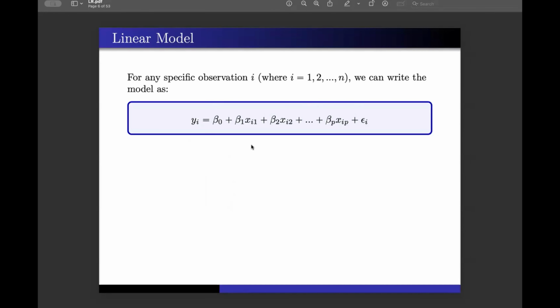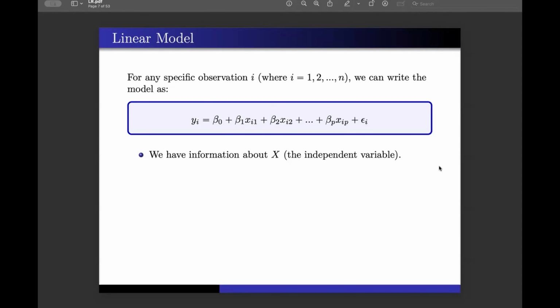We have already talked about this equation in the last video, where yi represents the value of the dependent variable for the ith observation, xi1 represents the value of the first independent variable for the ith observation, xi2 represents the value of the second independent variable for the ith observation, and xip represents the value of the pth independent variable for the ith observation. And this epsilon i is the error term for that observation i. It captures the part of yi that cannot be explained by these other independent variables in the model.